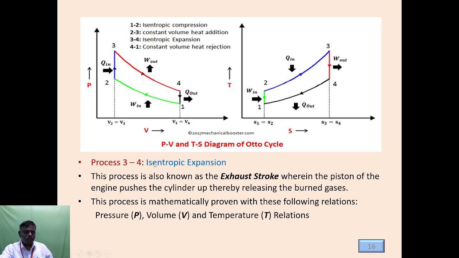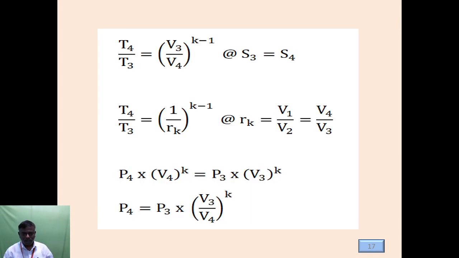Similarly, process 3 to 4 is an isentropic expansion process. That process is mathematically proven with the following relations. T4 by T3 equals (V3 by V4)^(K minus 1) at constant entropy.